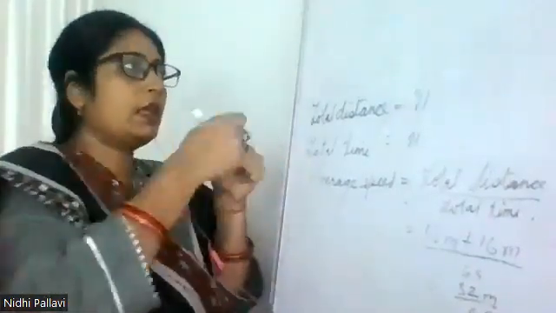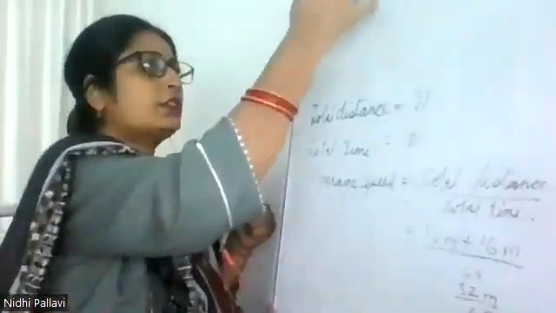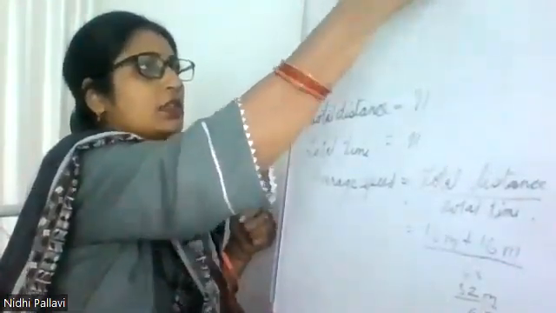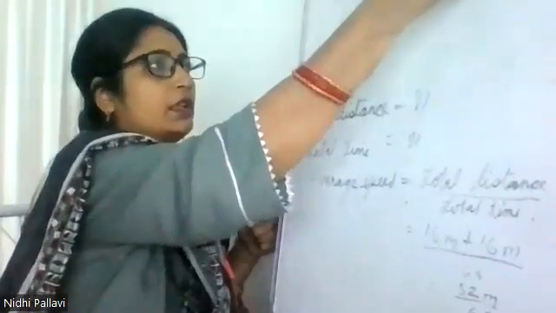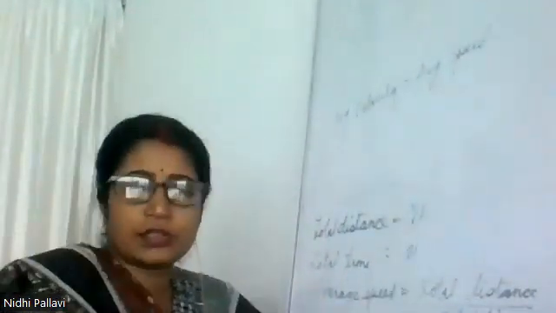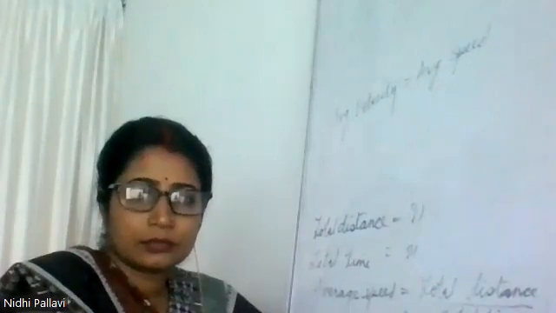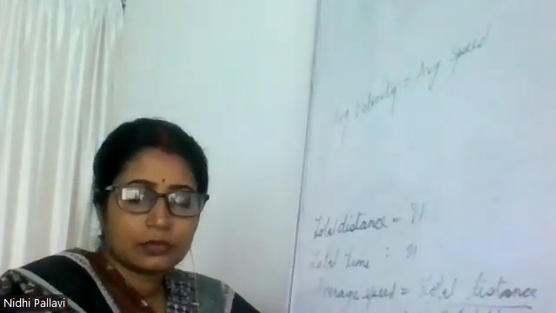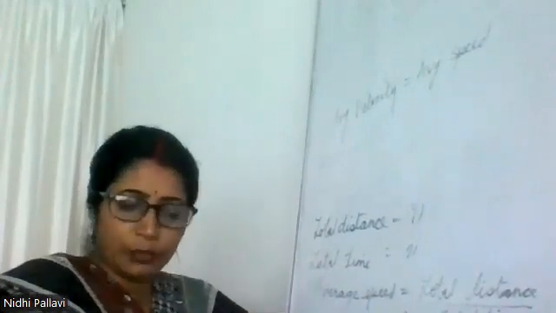What do you have to find out? Average velocity is equal to average speed. In which condition will it take place? Tell me. Is it possible or not possible?